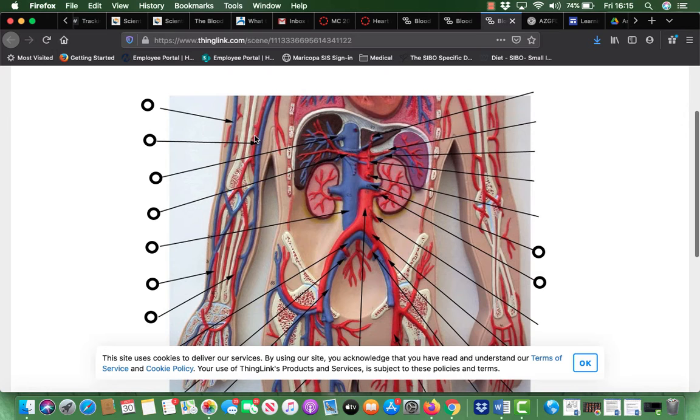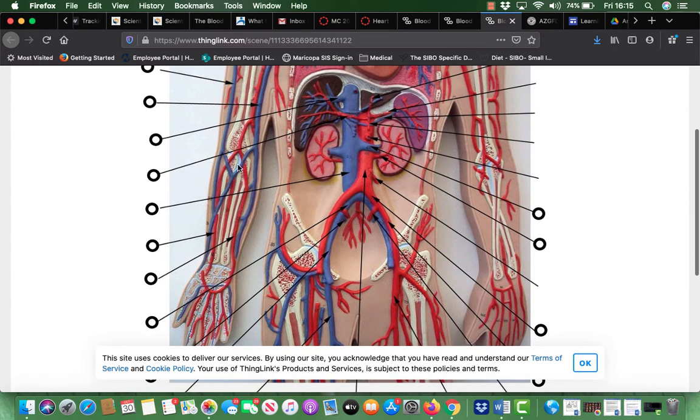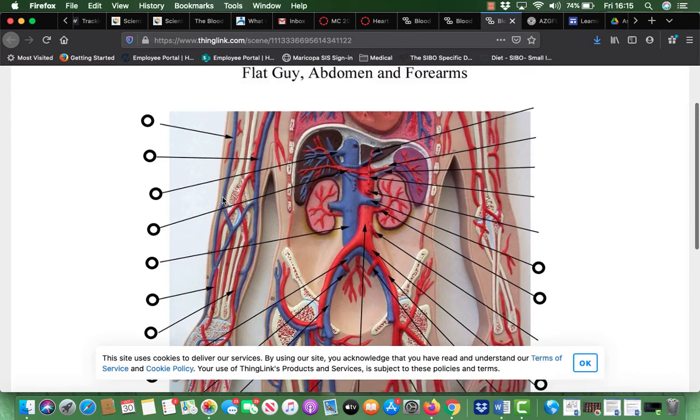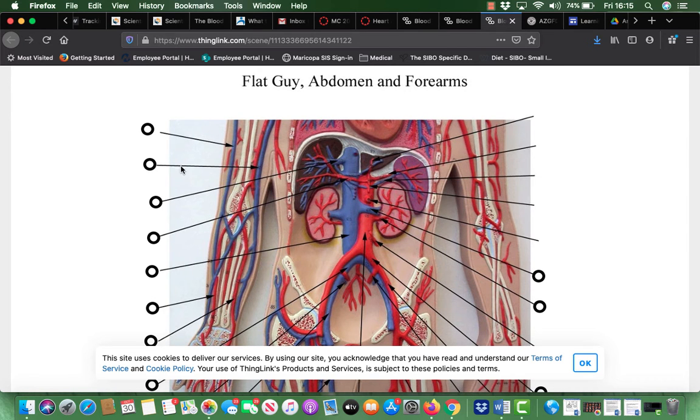One of the reasons I wanted to do this is that the models I used from lab don't have some of the vessels that you needed to know flagged. So especially when it comes to the veins, I'll go through a couple extra vessels.